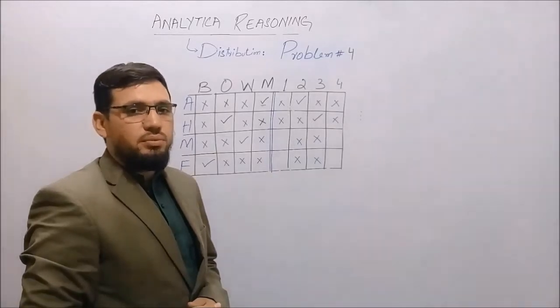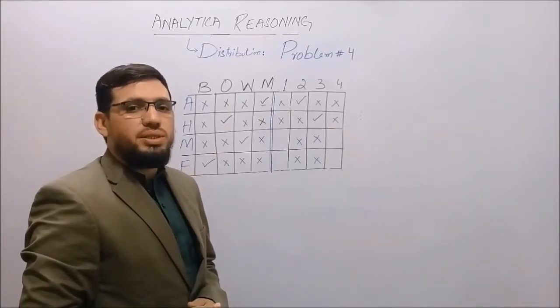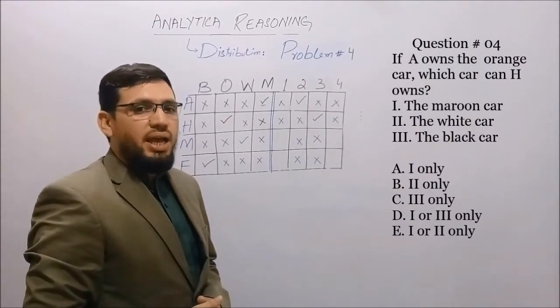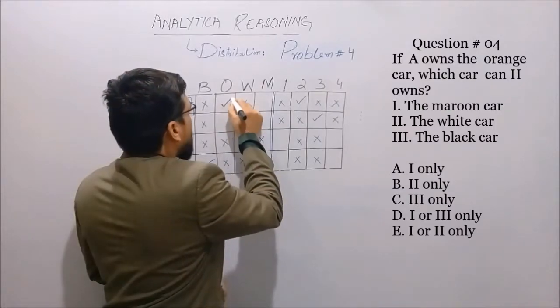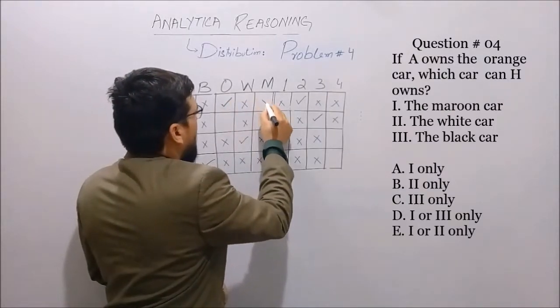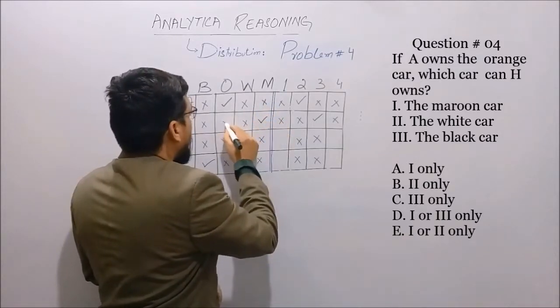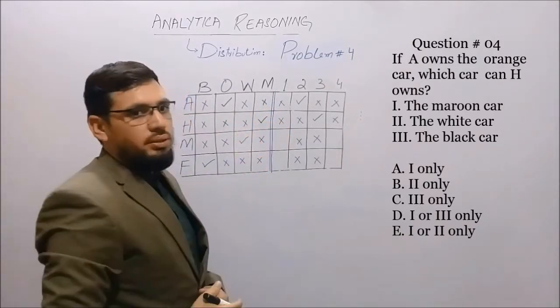and the concept of left and right side, the arrangement of left side and right side, we have discussed in our second lecture. Okay, let's move to the last question we have: if A owns the orange car, then H must have which car? Here I assign the orange car to A, and then H will have the maroon one.